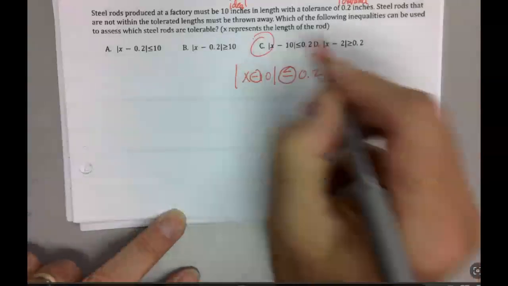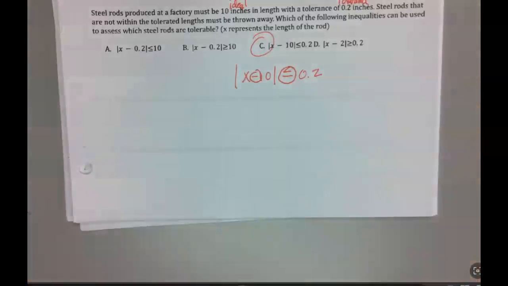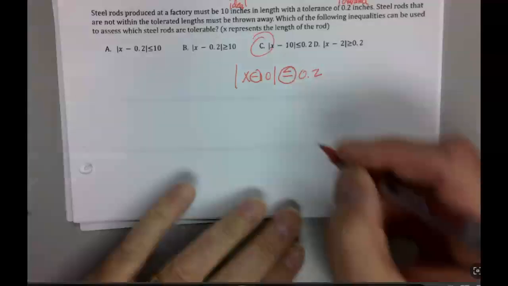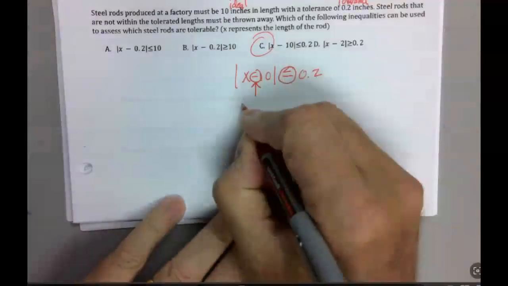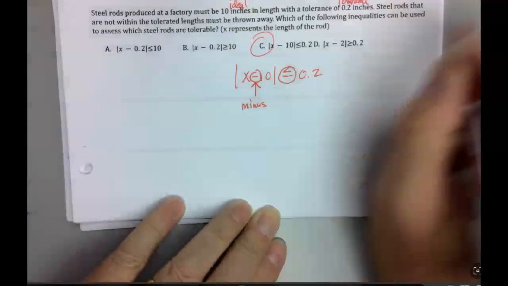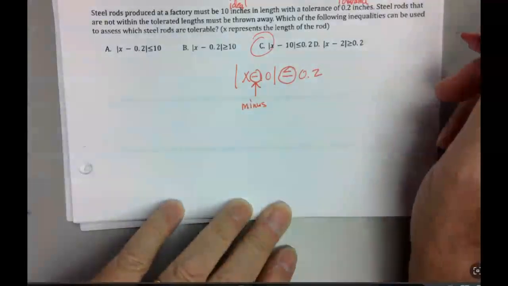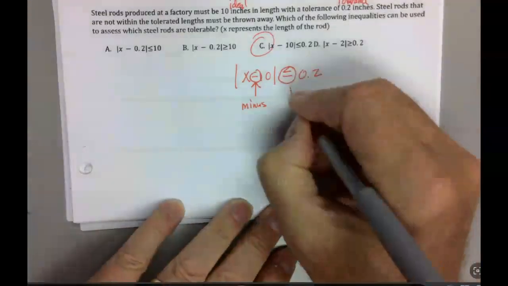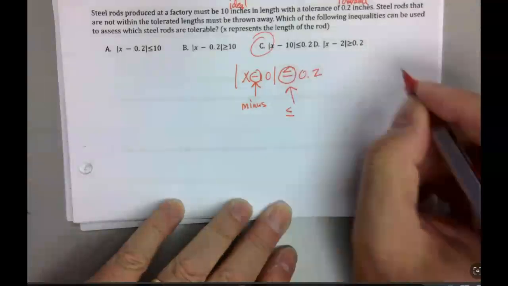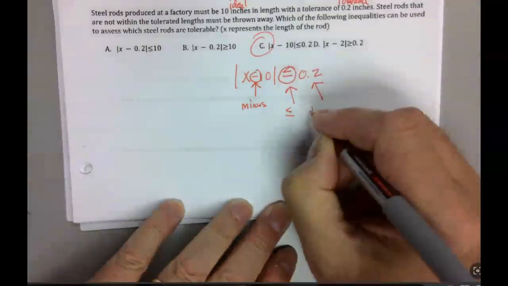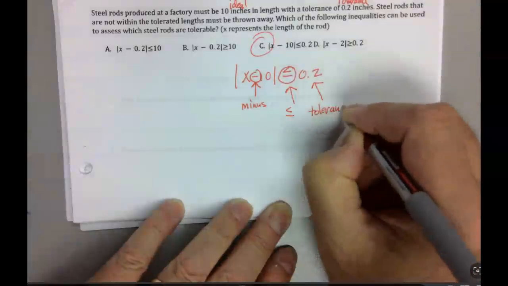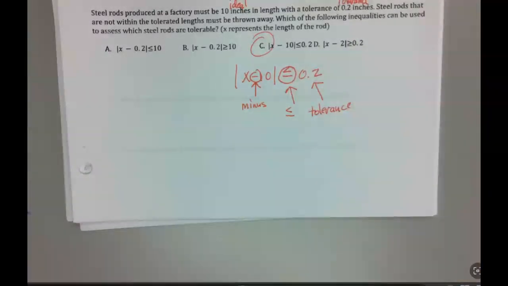C, isn't it? That look right to you guys? This is always going to be minus. Okay? This is always going to be less than or equal to. Always. And that is your tolerance. Those will always be the same.